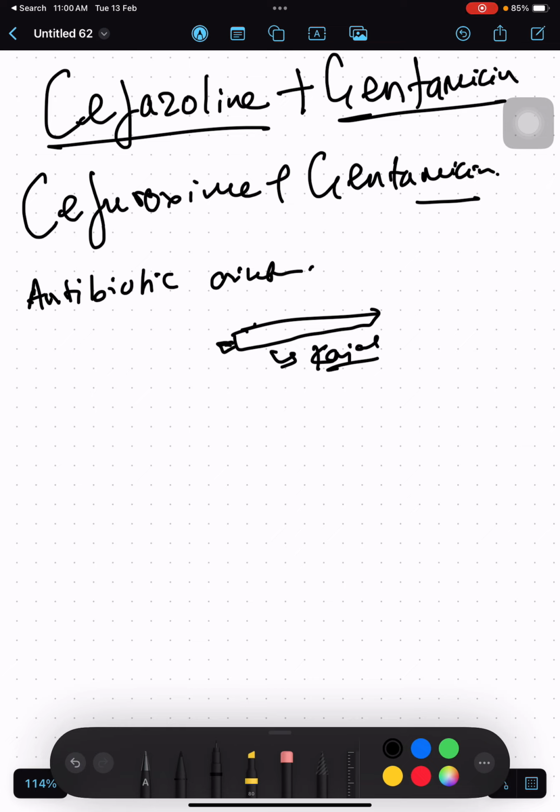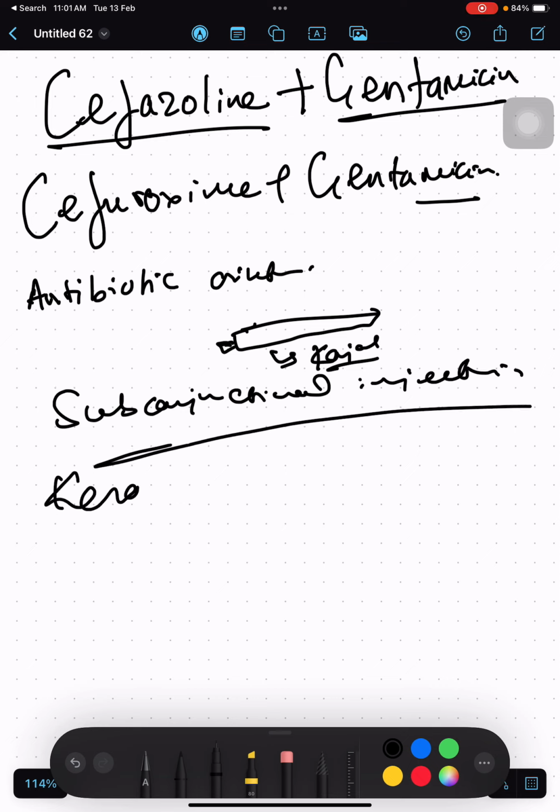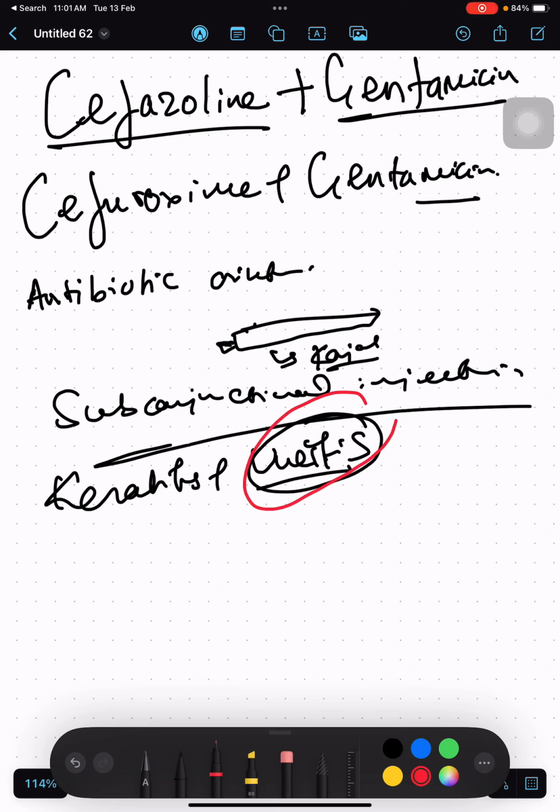And what you need to remember is you can also give subconjunctival injections. And I already told you that keratitis is associated with uveitis, and when it is associated with uveitis, you need to give cycloplegics.